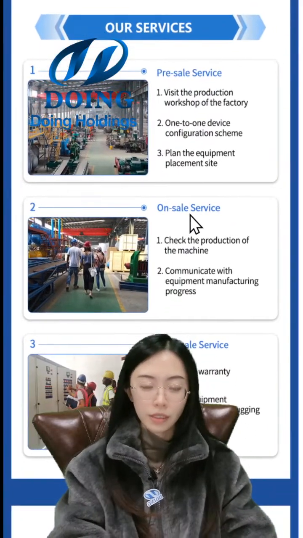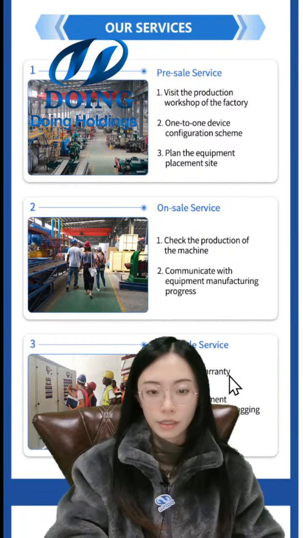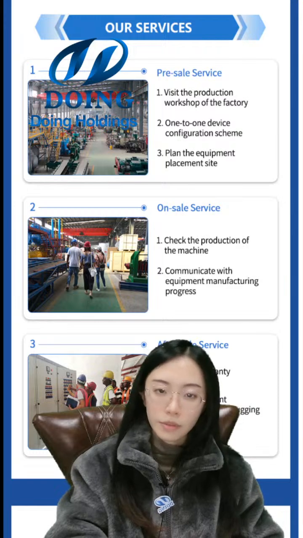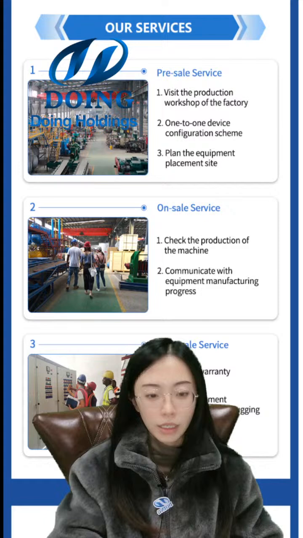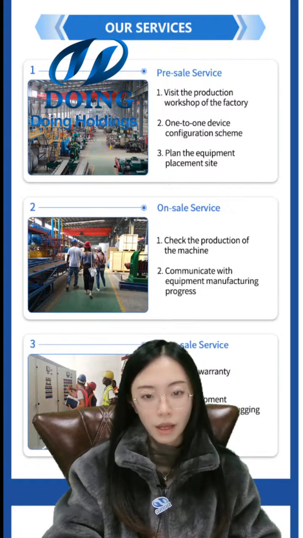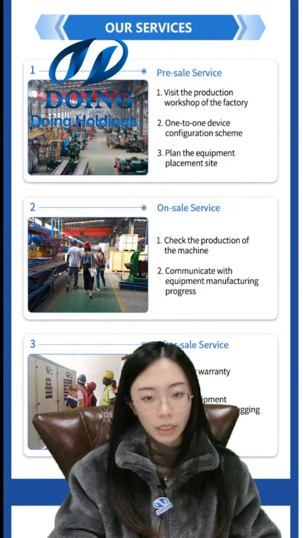In our service, as I showed before, we include the pre-sale service, the on-site service, and after-sale service in one. For the pre-sale service, you can visit the production of the whole workshop in Jiaozuo City, Henan Province, and get the one-to-one device configuration scheme. You can directly contact our engineer.